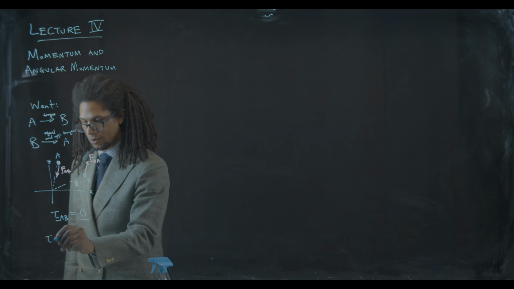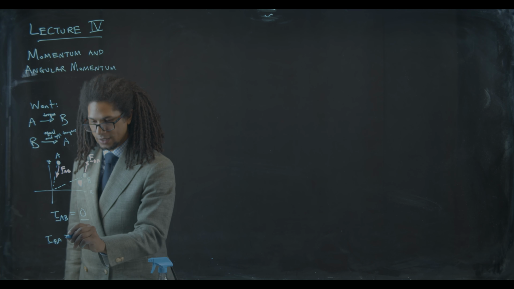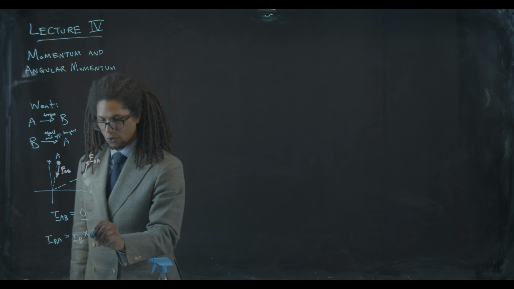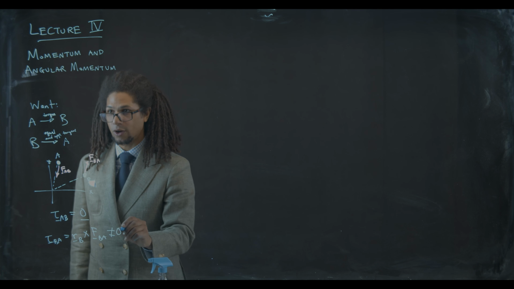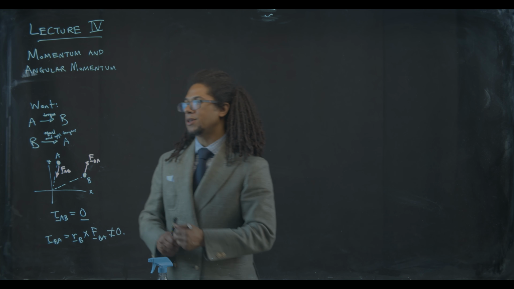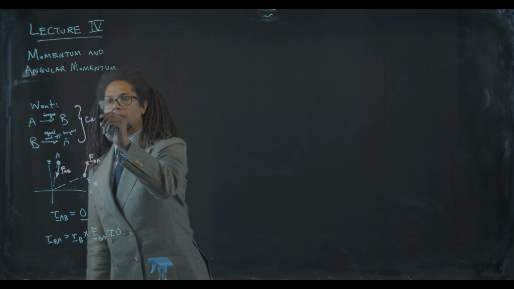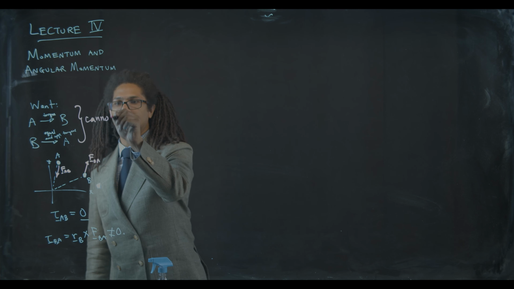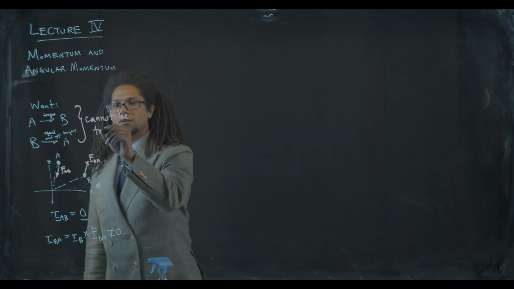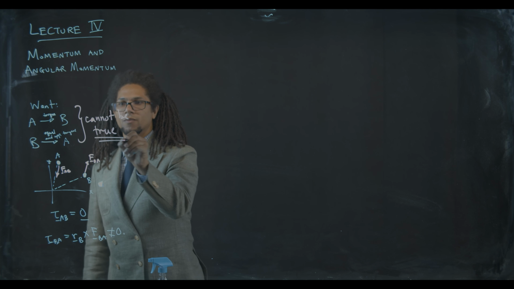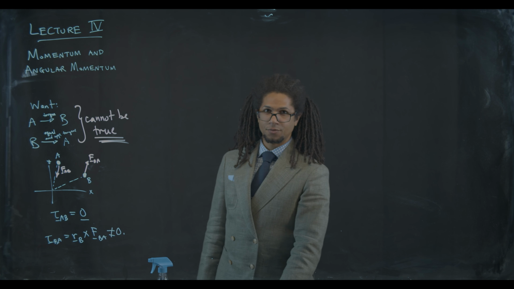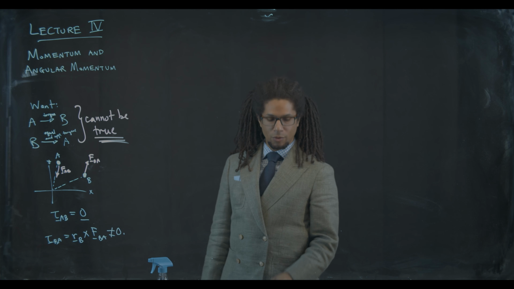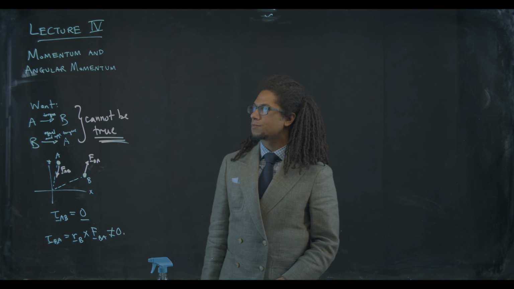So tau_BA is equal to r_B cross F_BA, which is not equal to 0. So this cannot be correct. And in fact, there's no way that we can make it true unless we make a particular assumption.